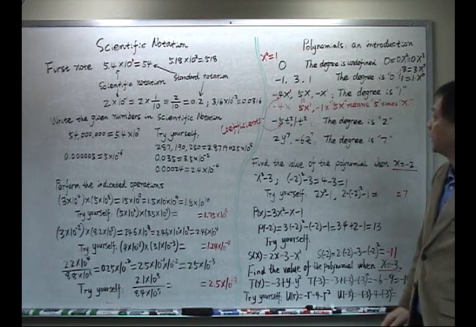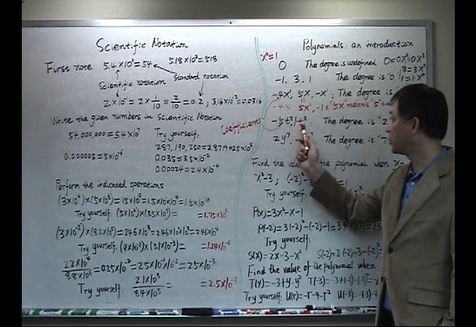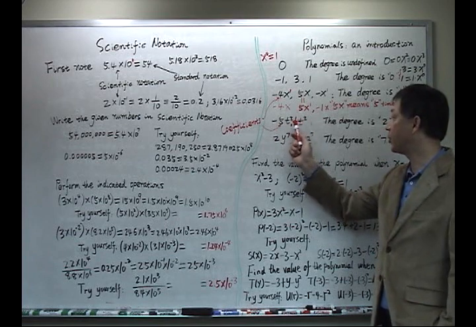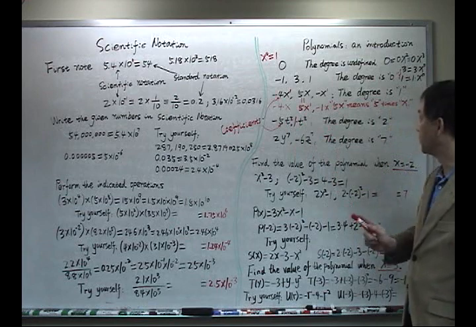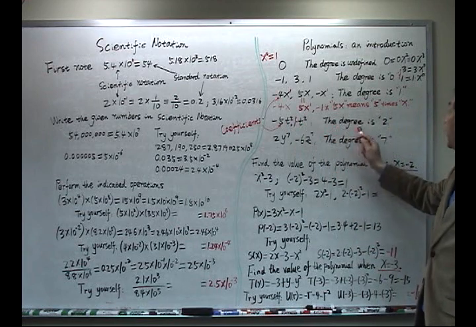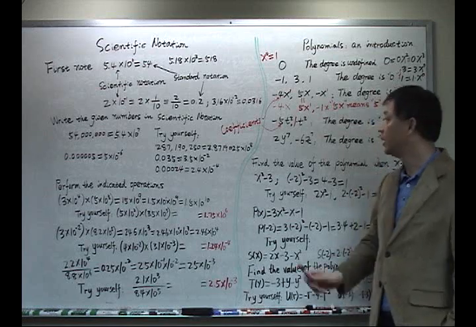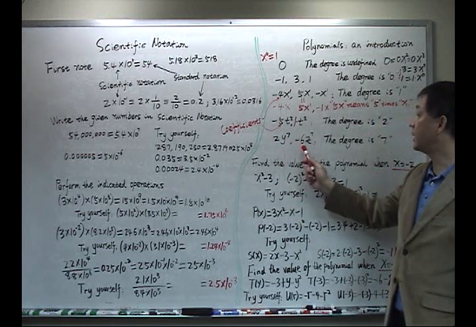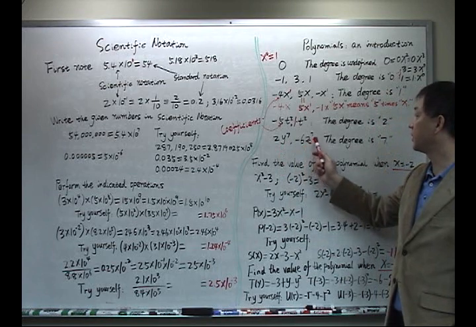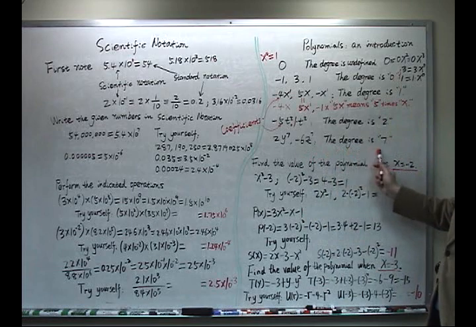And for negative 5t squared, you can see the exponent right here, 2. So we say the degree is 2. For 2y to the 7th and negative 6z to the 7th, in this case we say the degree is 7.